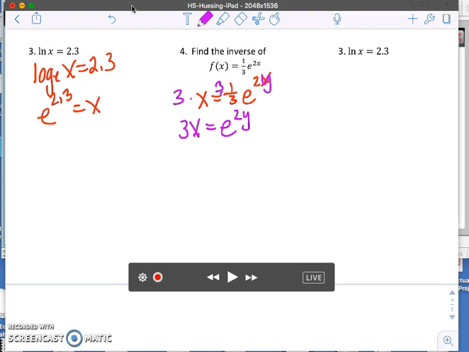So let's log each side. Well actually, we got an e here, so let's natural log each side. Natural log of 3x equals the natural log of e to the 2y. So we can bring that 2y out in front.